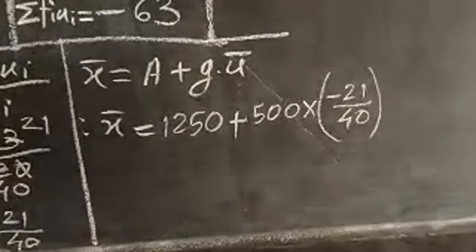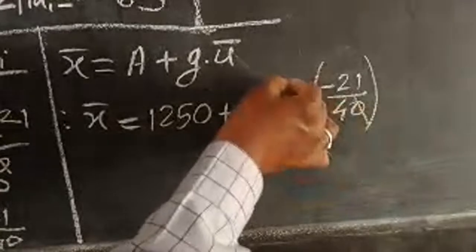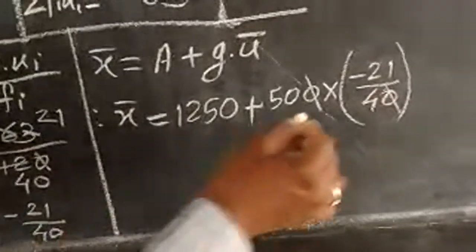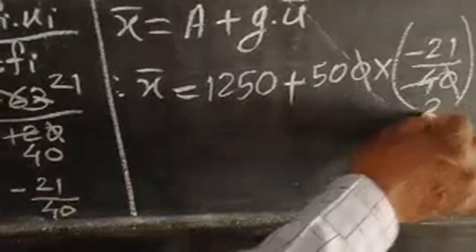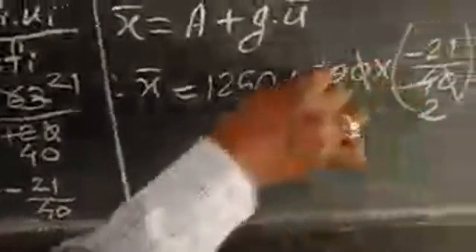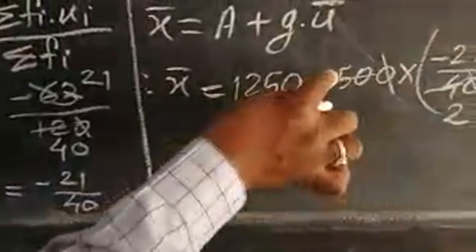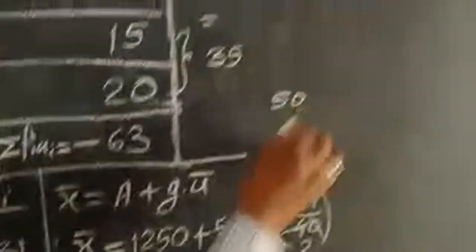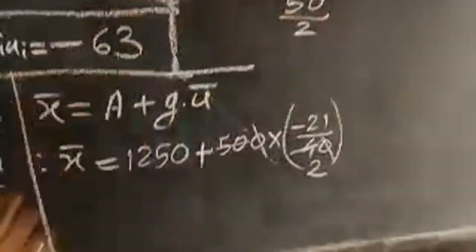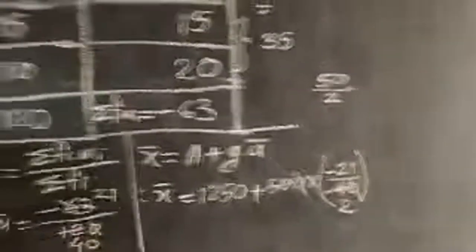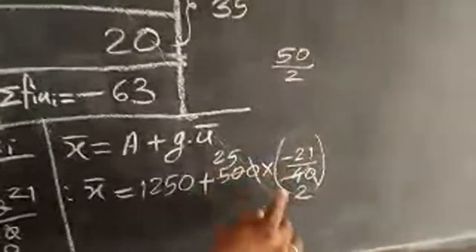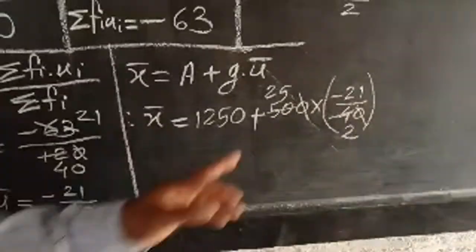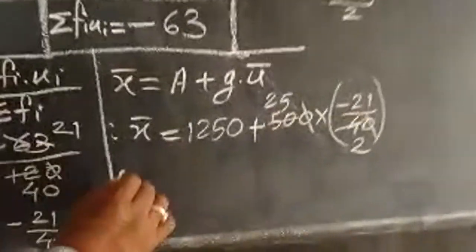Then this 0 and this 0 get cancelled. 2 divide here, 2 2s are 4. Half of 50 is 25.